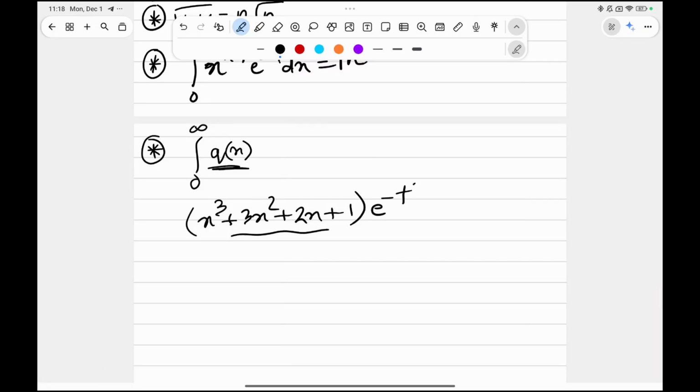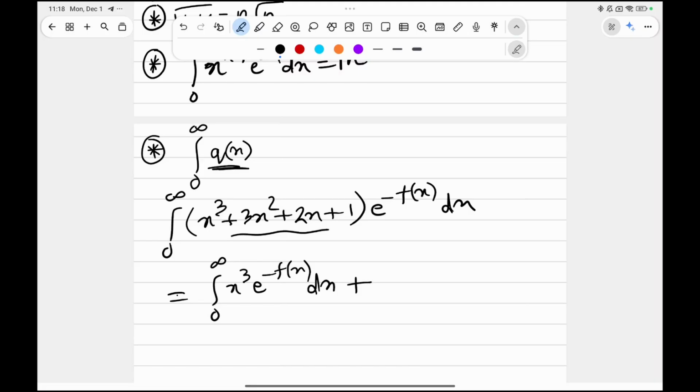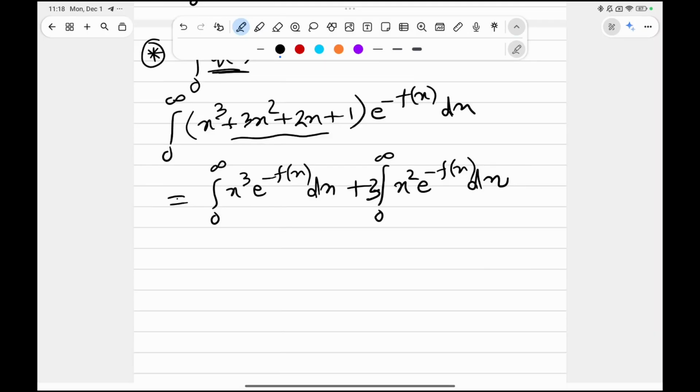To the power minus any f of x dx from 0 to infinity, we can solve this very easily: integral from 0 to infinity of x cube e to the power minus f(x) dx plus 3 into integral from 0 to infinity of x square e to the power minus f(x) dx. We can just break it down into small parts and solve them individually.